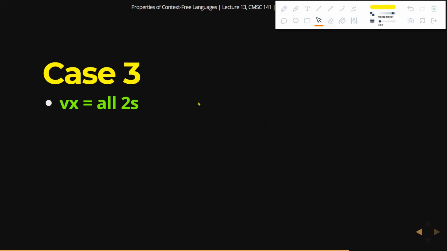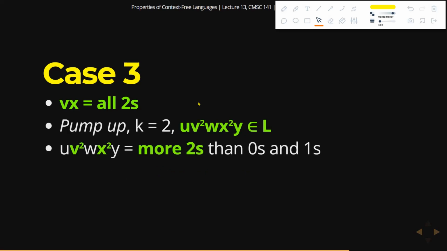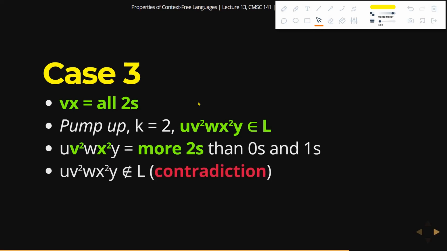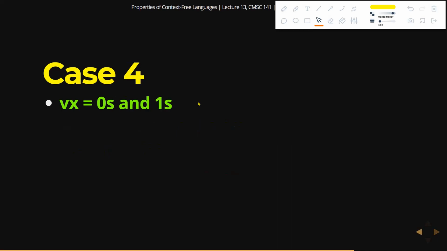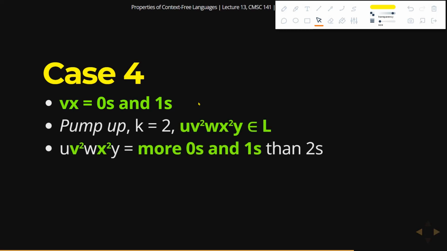And if it's all twos, if we pump this up, then there will be more twos than zeros and ones, so it's not part of the language, also a contradiction. If it was zeros and ones, if we pump this up, there will be more zeros and ones than twos, so the 2 would have a lesser count.